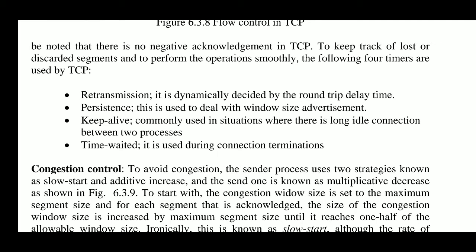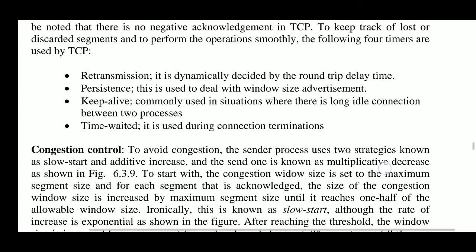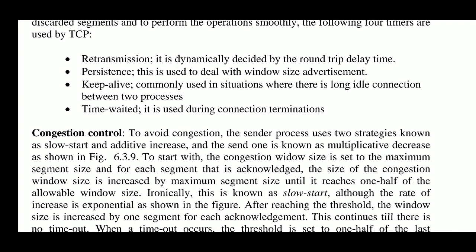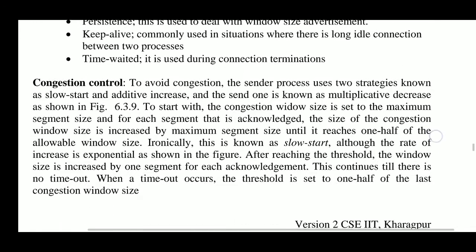So twice the time from sending the packet from source to destination. And the next timer is persistence. This is used to deal with window size advertisement. Next is keep alive, commonly used in situations where there is a long idle connection between two processes. And time wait, it is used during connection termination.